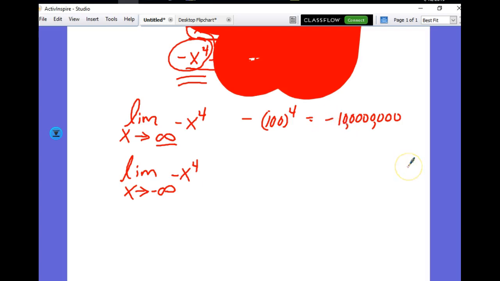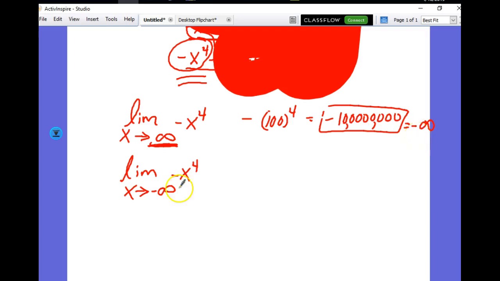So as x gets bigger and bigger, the y value becomes super negative. In other words, y just becomes more and more negative, so it's approaching negative infinity. So as x approaches positive infinity, y approaches negative infinity.